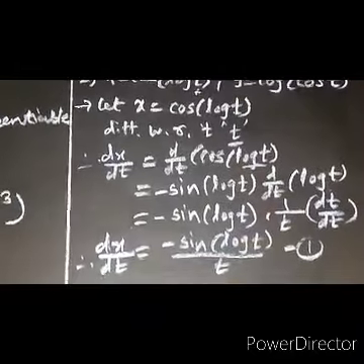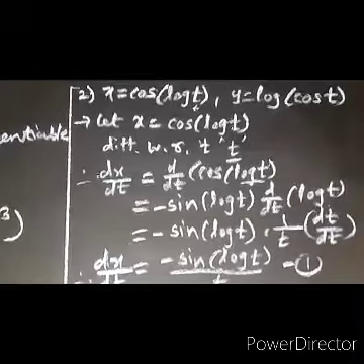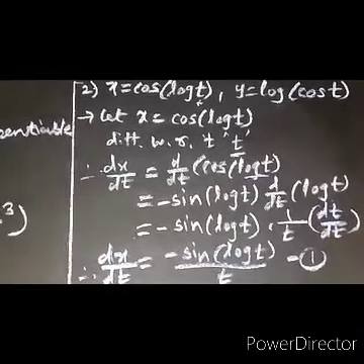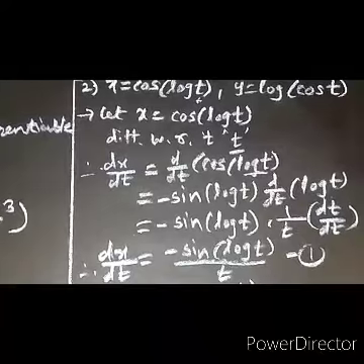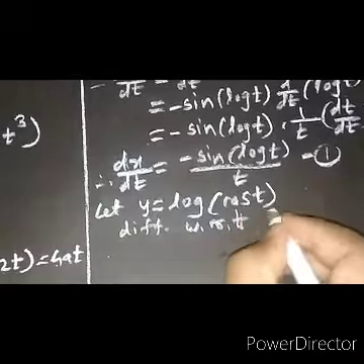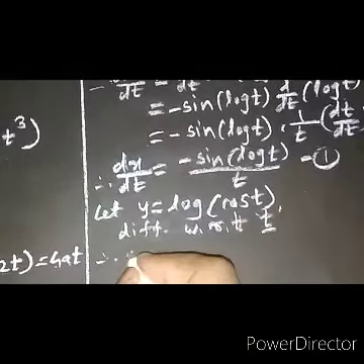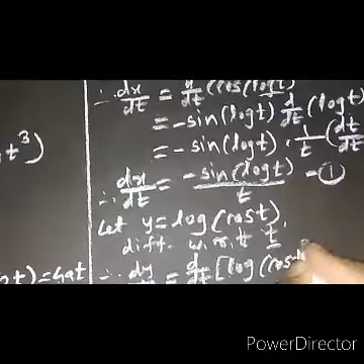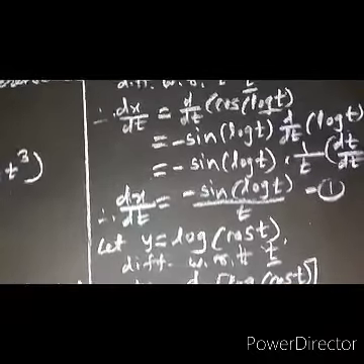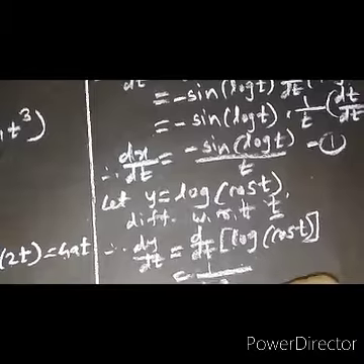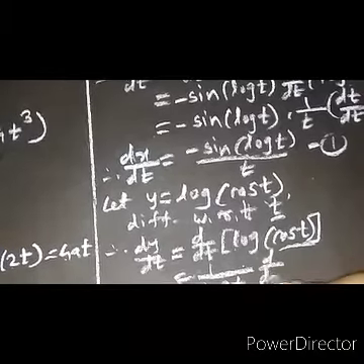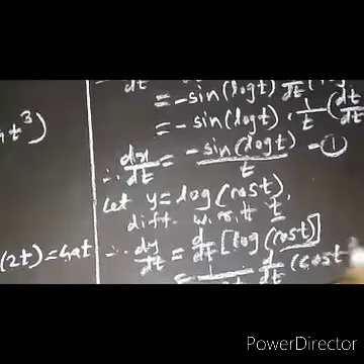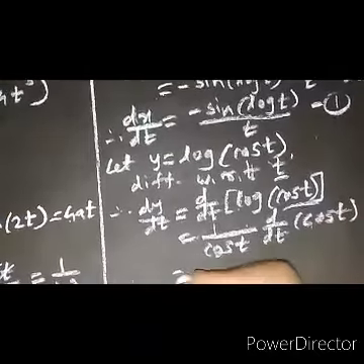Now let us consider next function. y is equal to log cos t. Again here differentiate with respect to t. Therefore, dy by dt is equal to d by dt of log cos t. So here again derivative of log is 1 upon cos t, and derivative of cos t with respect to t, but we know that the derivative of cos is minus sin.